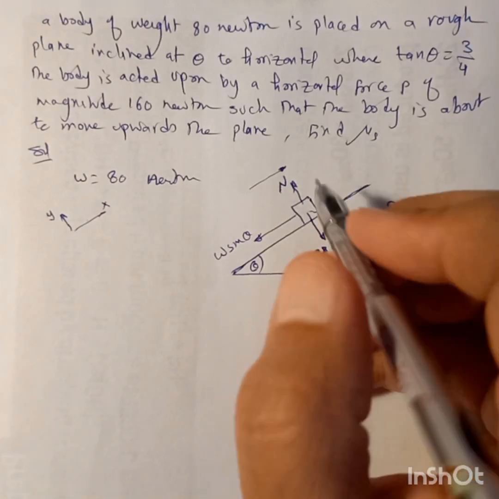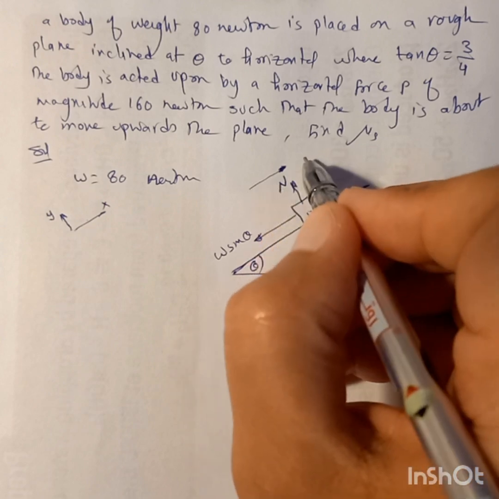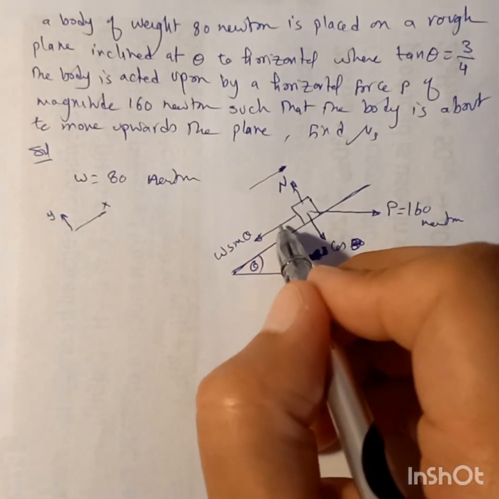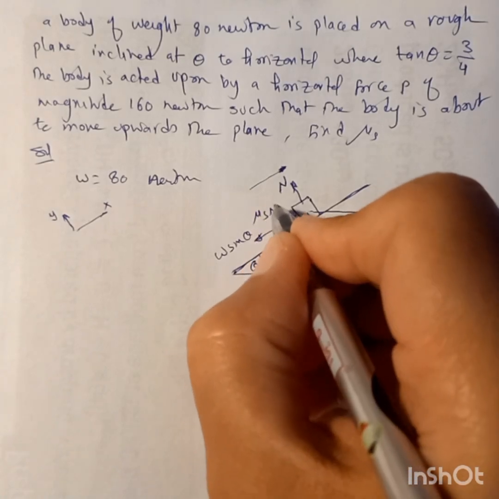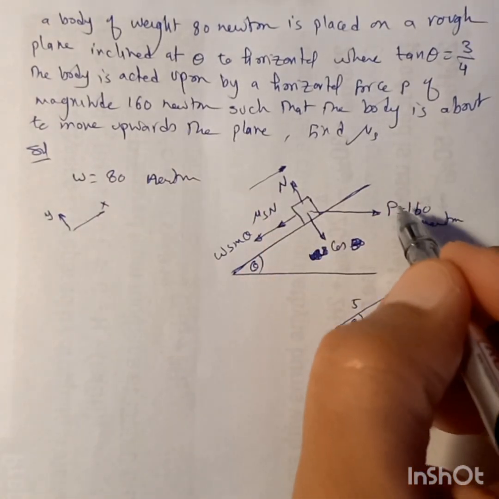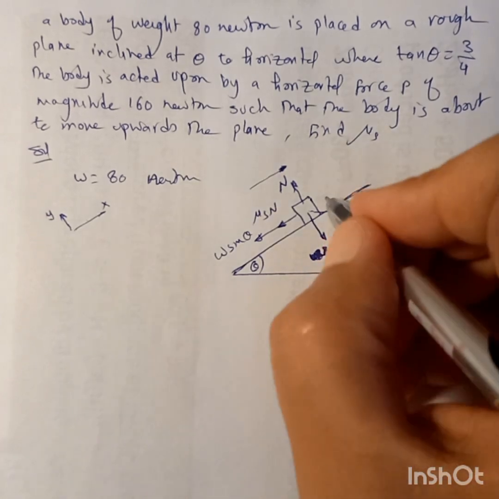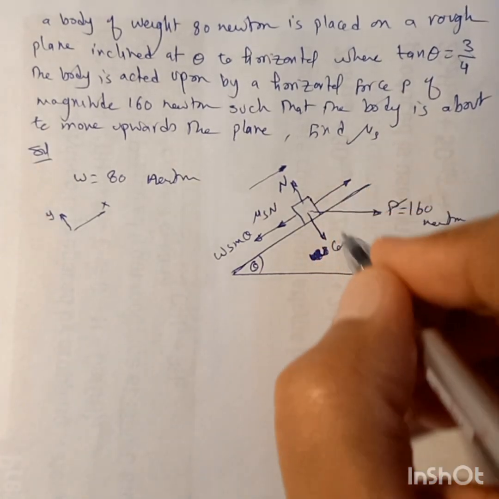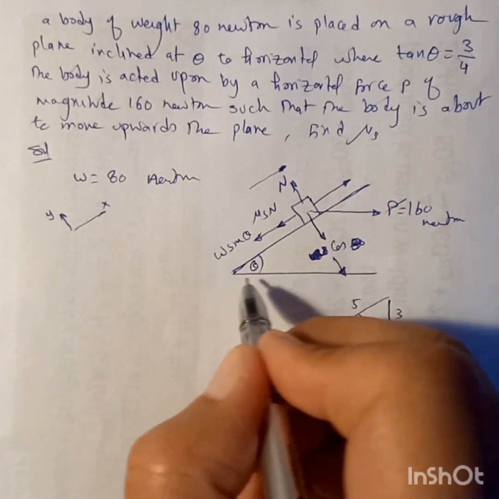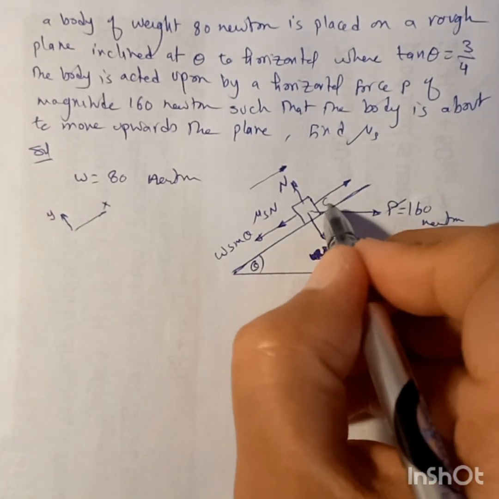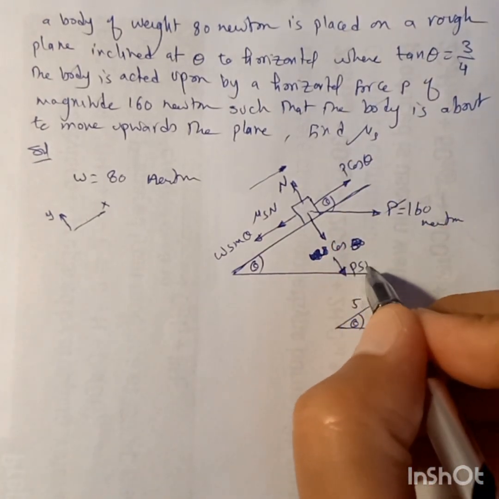As the expected motion direction is upward along the plane, we have the limiting friction force mu s times N in this direction. Now it's time to resolve the force P into two orthogonal components, one in this direction and one in this direction. As this force is horizontal, and here we have theta, we have P cosine theta and in this direction P sine theta.